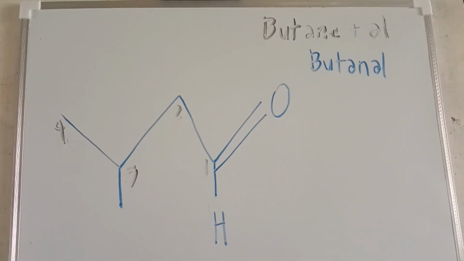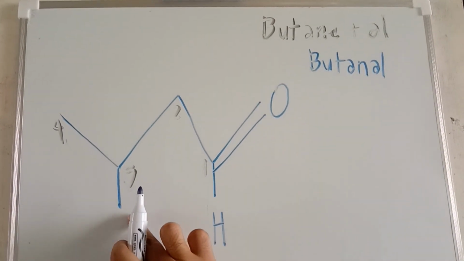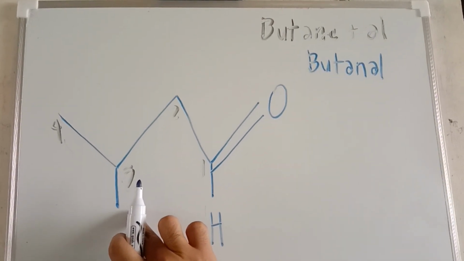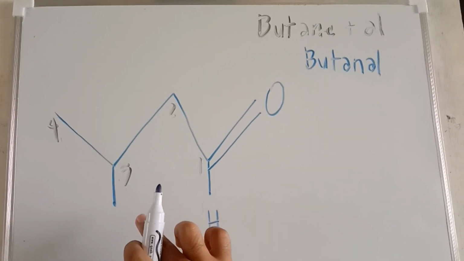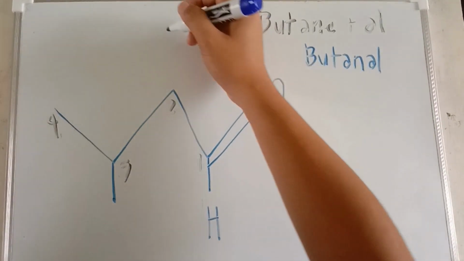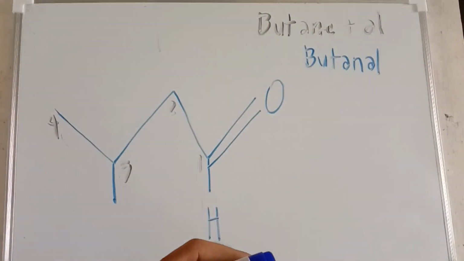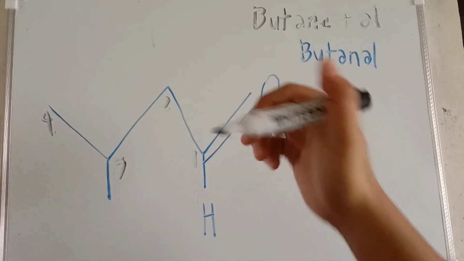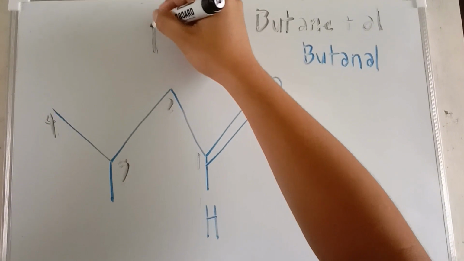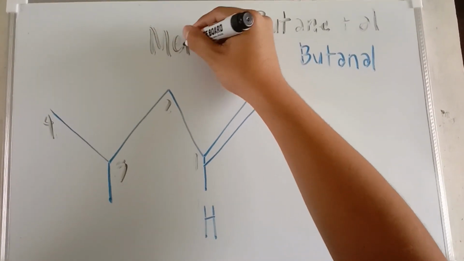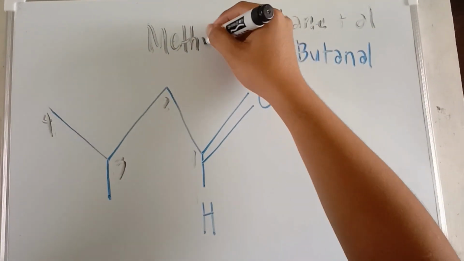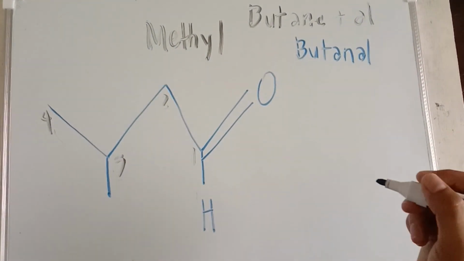Now, since we have a substituent here and it only consists of 1 carbon, we are going to use the prefix meth, and add YL, so this is going to be methyl.